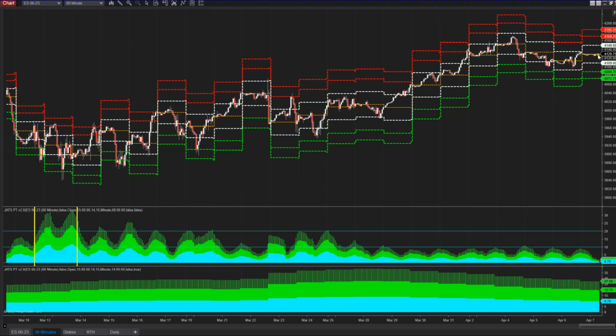And so if you're in low volatility, you're going to expect to stay inside that first standard deviation, right? So anytime you're in this low volatility, 0 to 10 points, you're going to really expect price to stay inside that first standard deviation of the daily. When you get out to the middle zone, that's when ideally you're going to be looking for targets to try to reach the outer level.